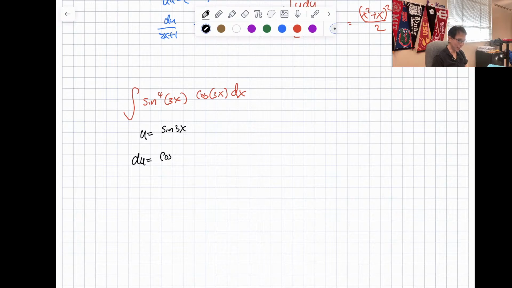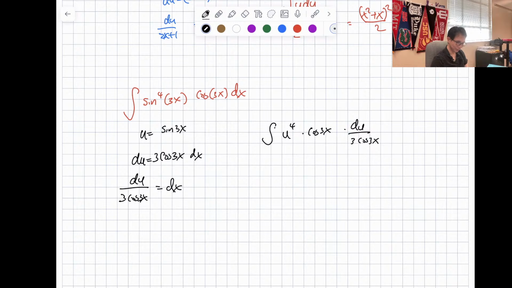That's gonna be cosine of 3x times 3, right? Because of the chain rule. So it'll be du over 3 cosine of 3x equal to dx. So therefore it's the integral of u to the 4, because sine 3x will be u to the 4. So it'll be 1/3 u to the 4 du.